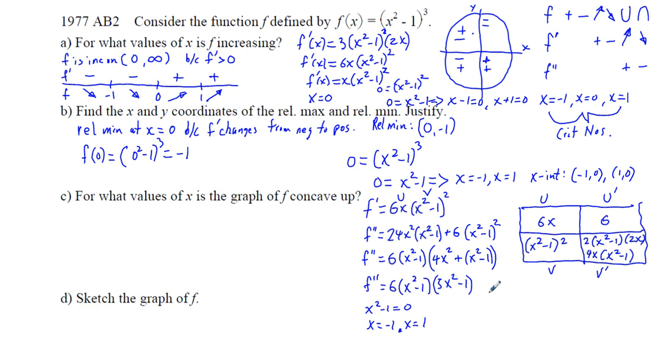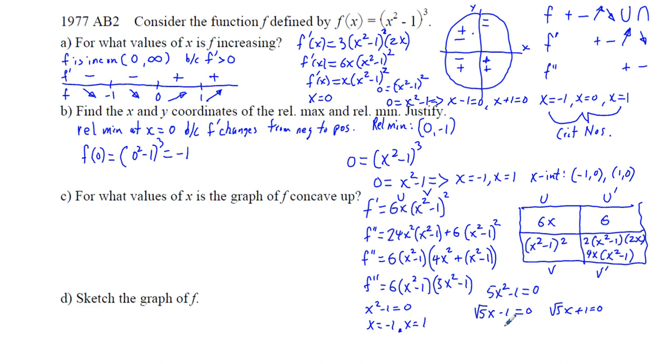And then if we set this 5x squared minus 1 equal to 0, and we factor using the difference of squares, we have square root of 5 x minus 1 equals 0, and we also have square root of 5 x plus 1 is equal to 0.